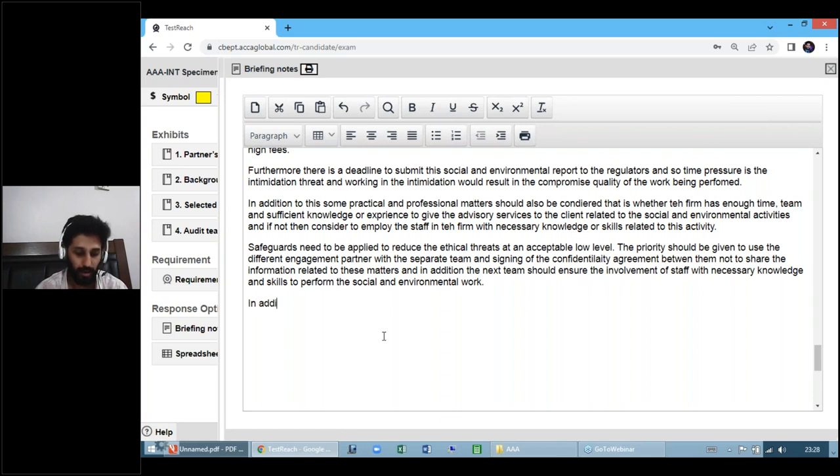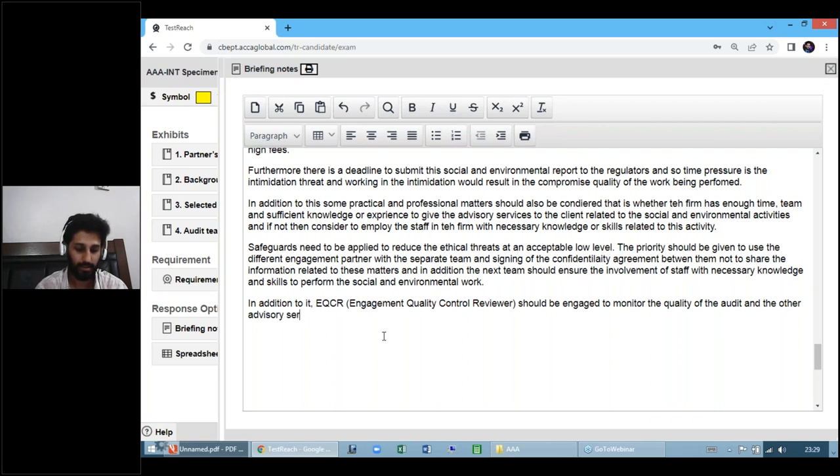So in addition to it, the EQCR should be engaged to monitor the quality of the audit and the other advisory services related to the social and environmental information, to ensure the required level of quality. Right now, this is the end of the answer, but not the end of the webinar.